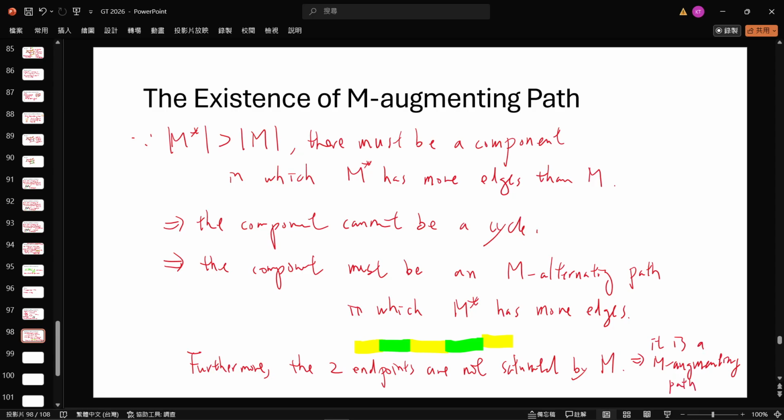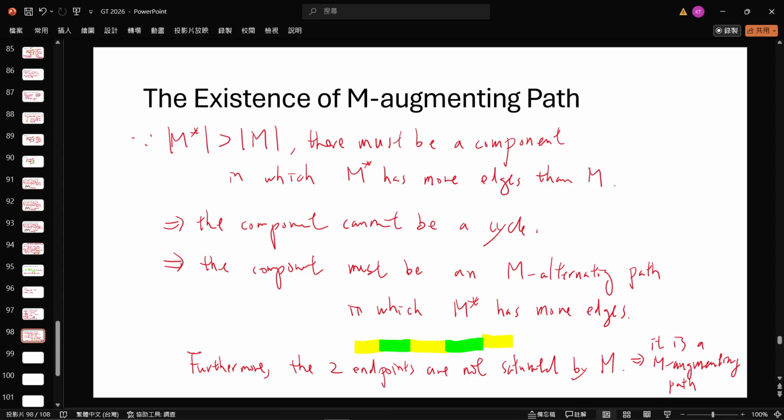Okay. So as a result, this component itself is an M augmenting path. So that's a proof. The idea is that if you have a matching that is not maximum, then you consider the exclusive or of this matching and the maximum matching.